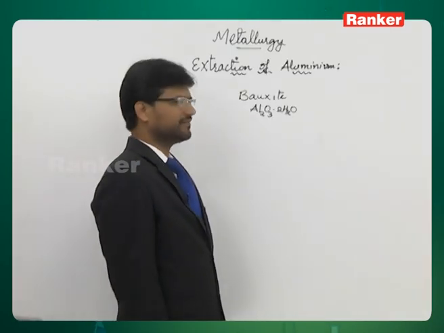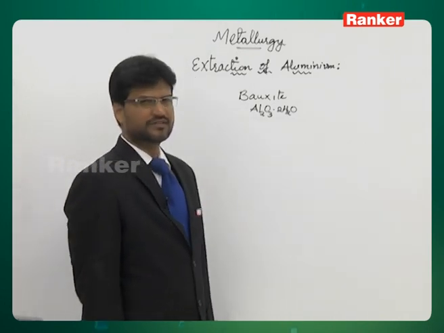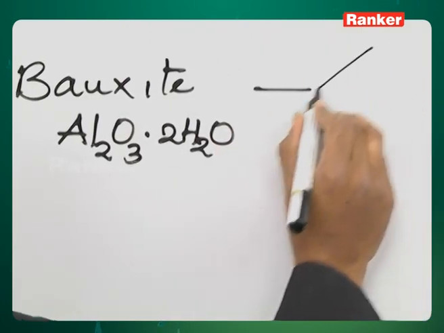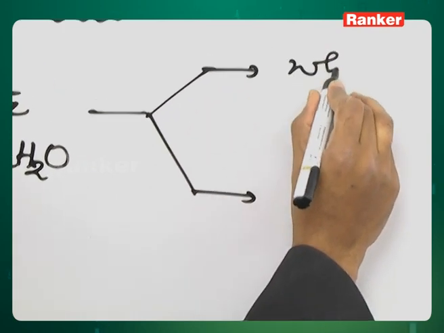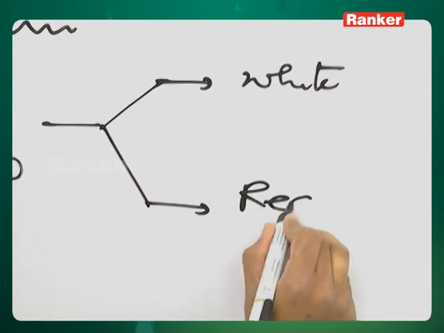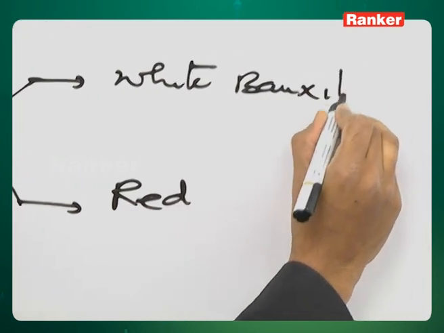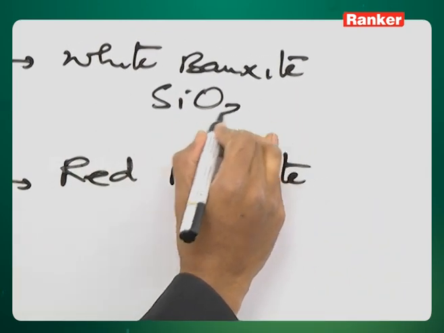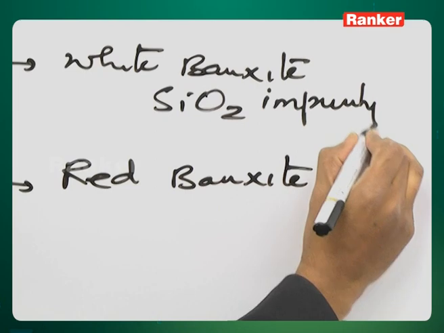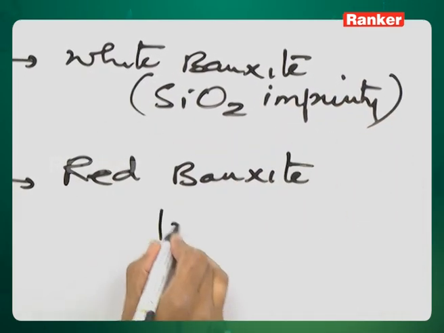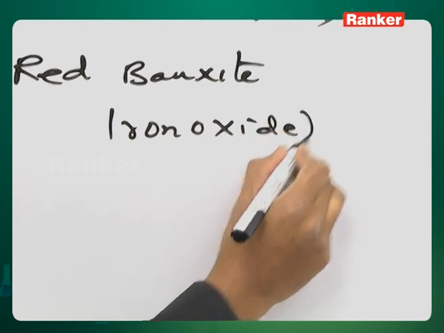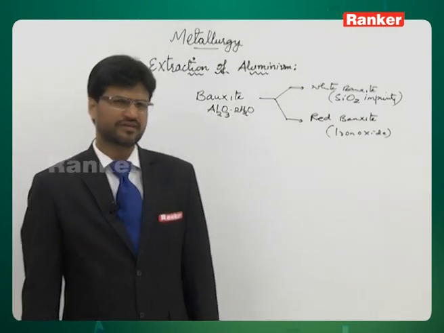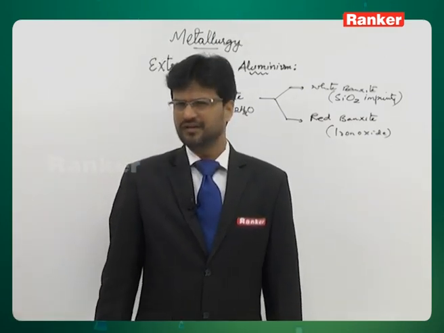There are two types of impurities associated with bauxite, and based on that, bauxite is given two different names: white bauxite and red bauxite. White bauxite consists of SiO2 impurity, and red bauxite consists of iron oxide impurity. So bauxite associated with silica impurity is called white bauxite, and the bauxite associated with iron oxide impurity is called red bauxite.